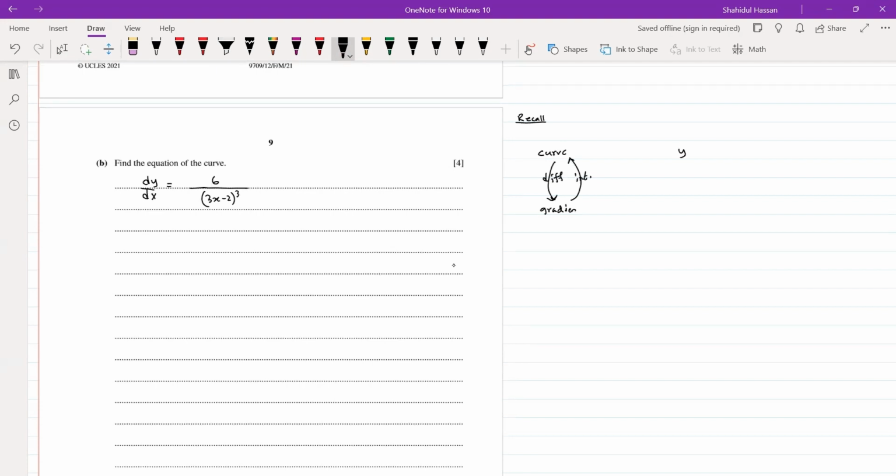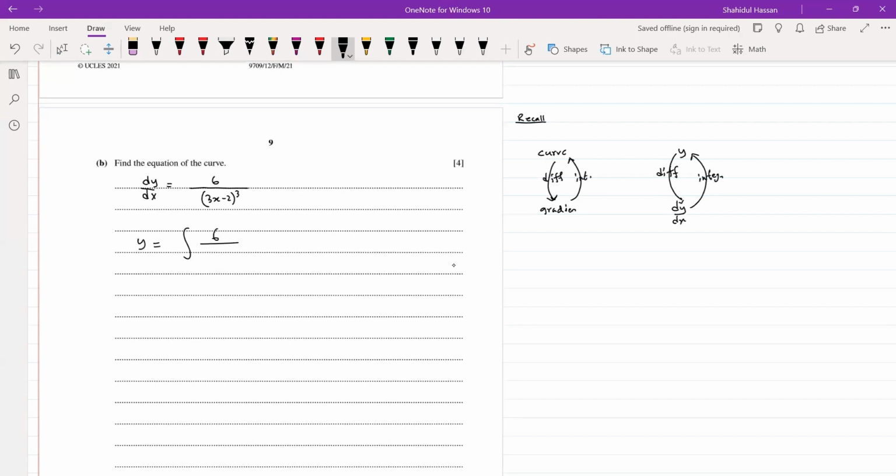If I give you y, you can differentiate it to find the value of dy by dx. If I give you dy by dx, you can integrate it to find y. Now we have dy by dx. To find y, we are required to integrate this.